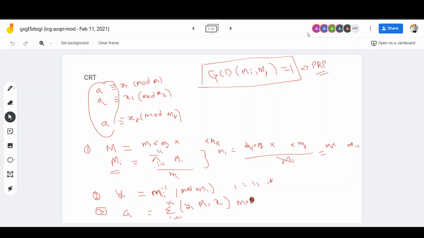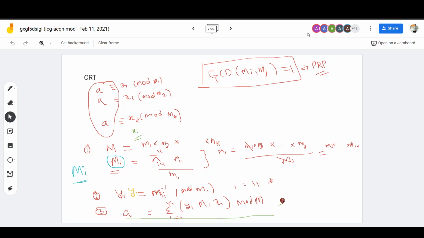This is the formula, a very simple formula. First you try to find the capital Mi value. Suppose I write capital Mi in this color, my yi value in this color, and my xi value in this color. How will we find the final a value?